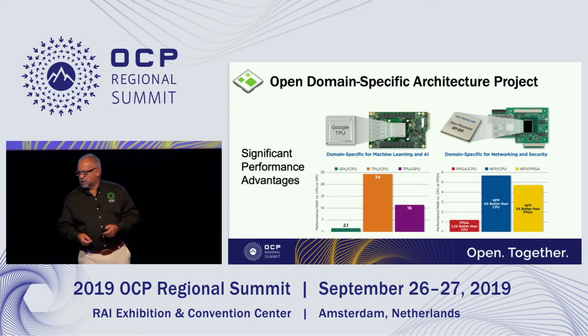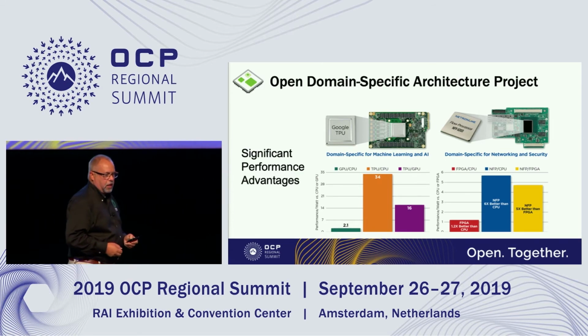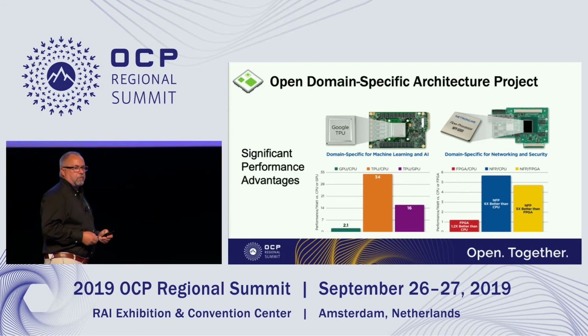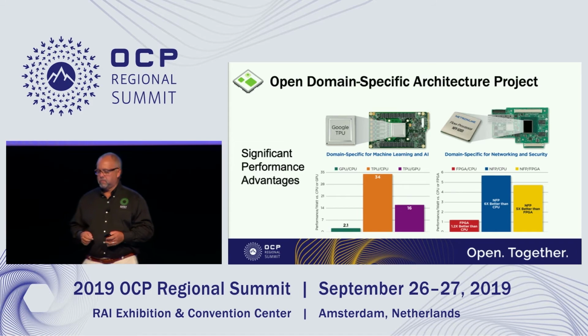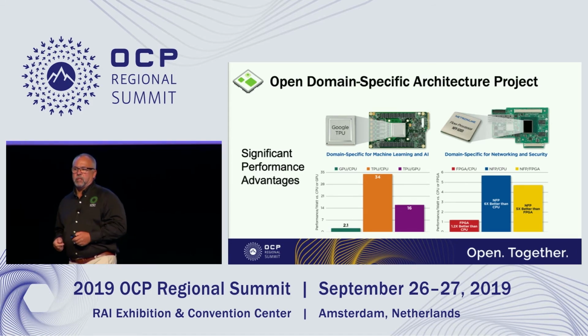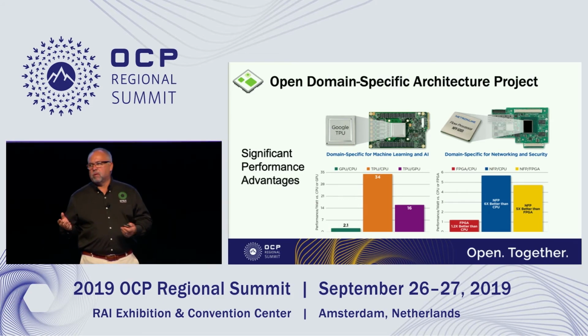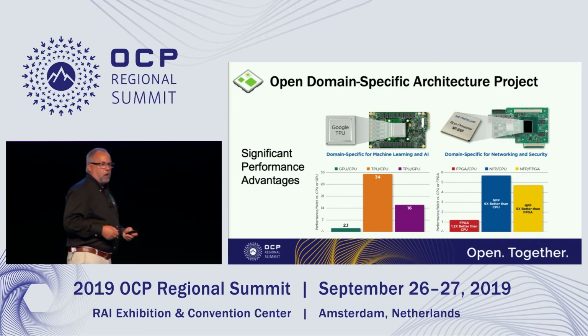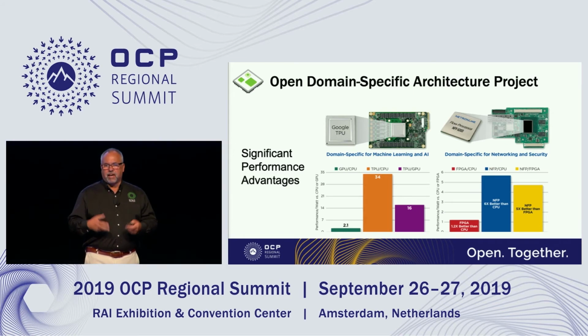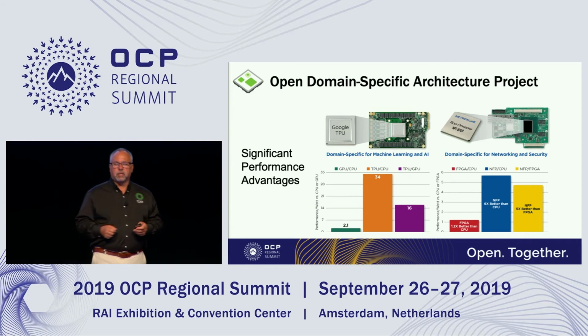The one on the right is a network application, and again, the combination of a network function processor along with a CPU host gives you that scalability of 5 or 6 times performance advantage over traditional software implementation. So this is the type of breakthrough that we're looking for. Obviously, there are some performance per watt efficiencies that we're also trying to achieve. So that's why we're interested in these very specific accelerators.